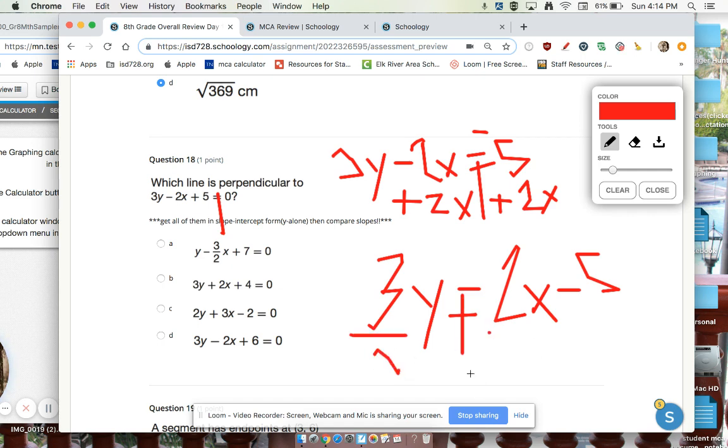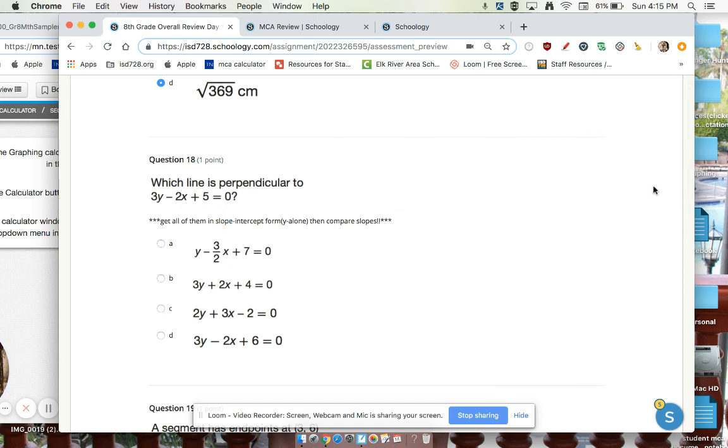It's going to be like a 5/3, but again, you don't need to care about that because all you care about is the slope. So all I care about is, oh gosh, that's a 3, and so is that. All I care about is the slope because I need perpendicular. So I'm going to identify what I have here.